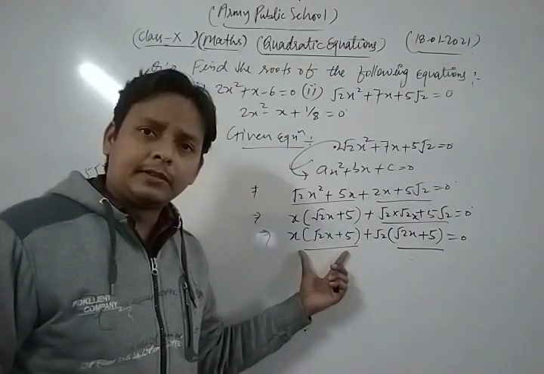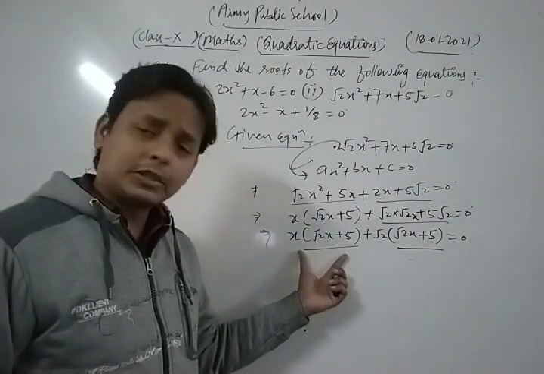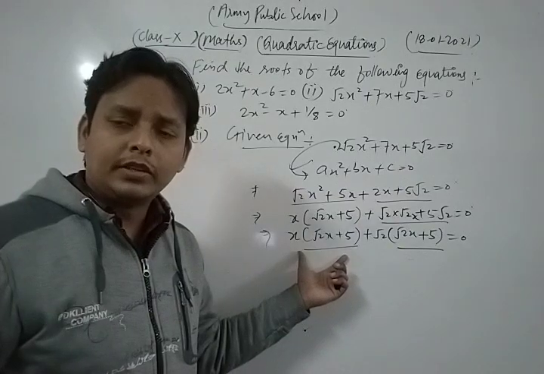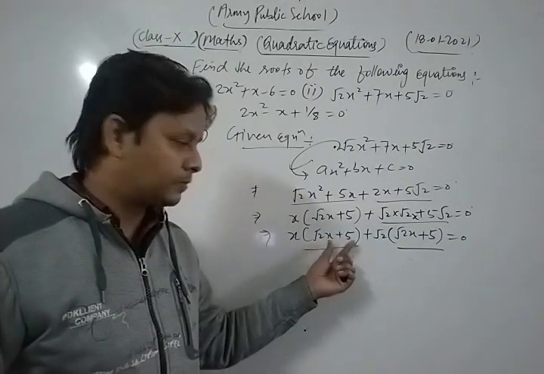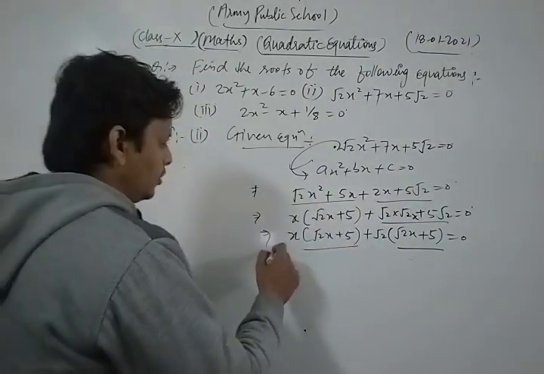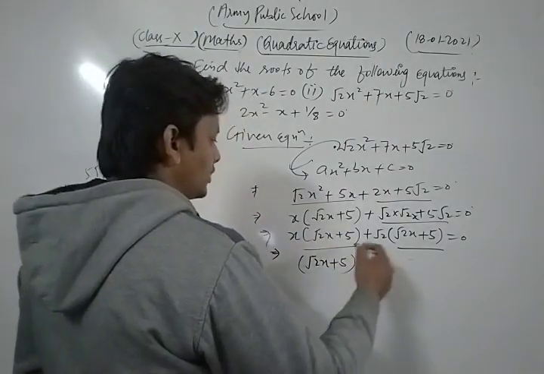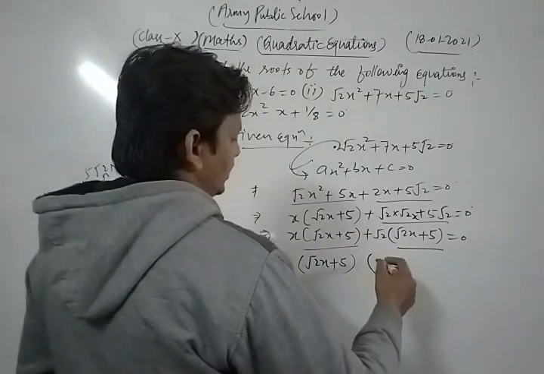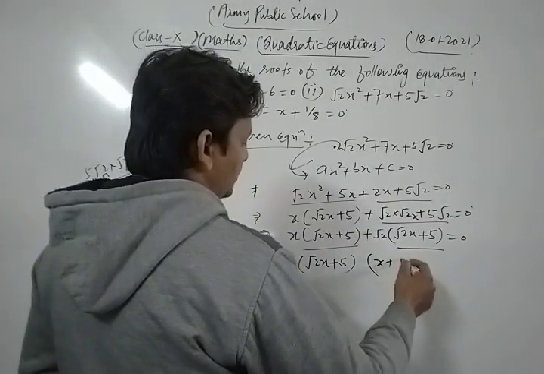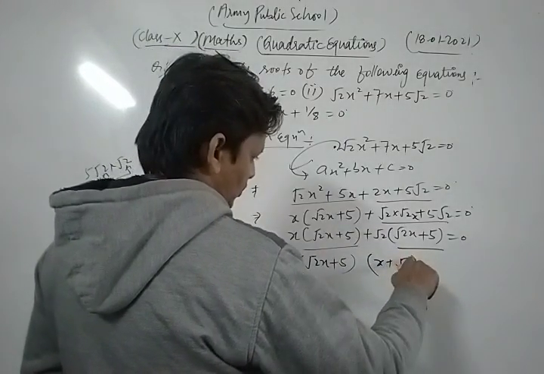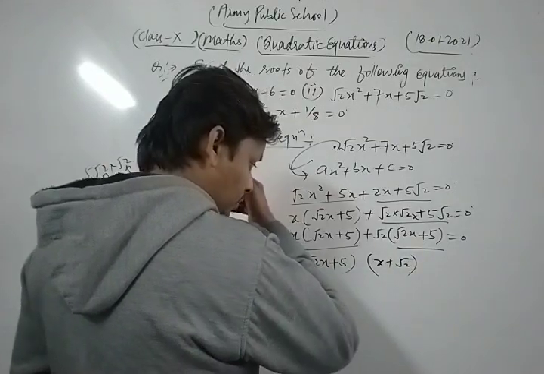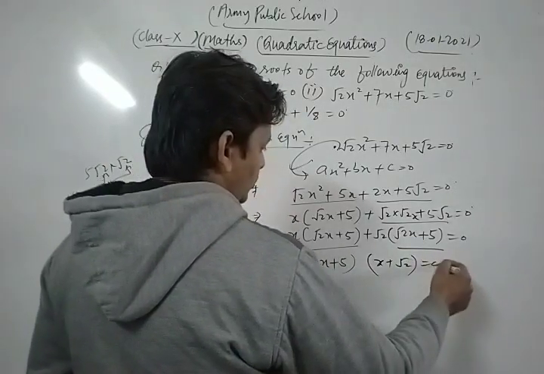Now we take √2x + 5 as common, so in the next step the remaining value is x + √2 = 0.